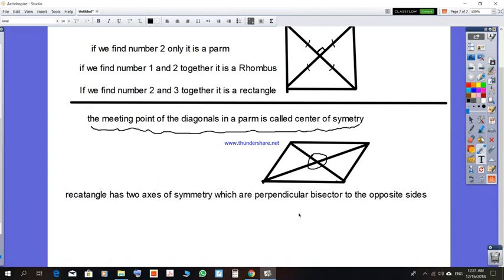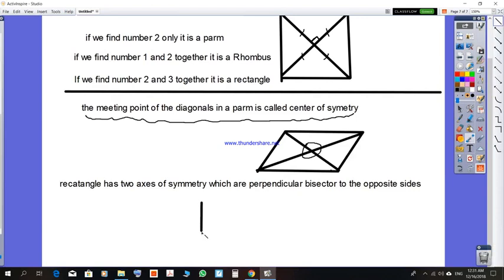Here we have a rectangle. We draw a rectangle now, and we want to find the axes of symmetry.